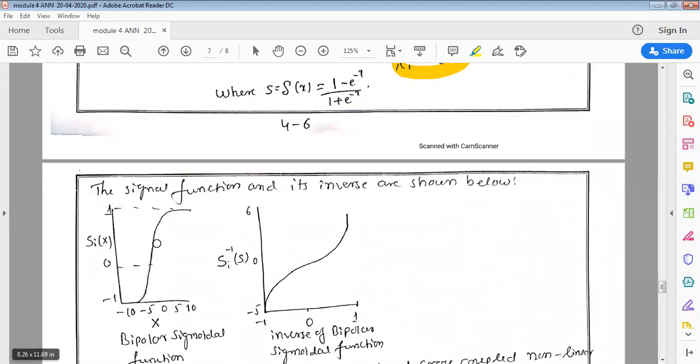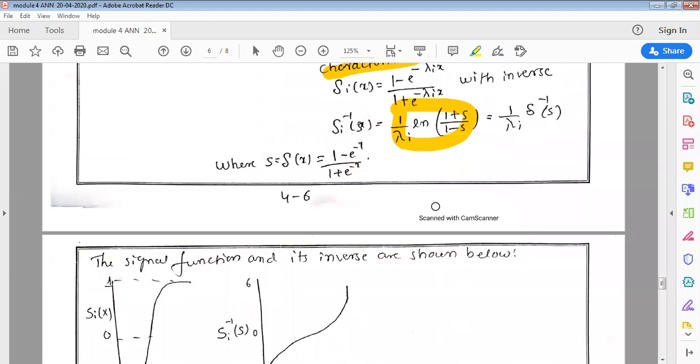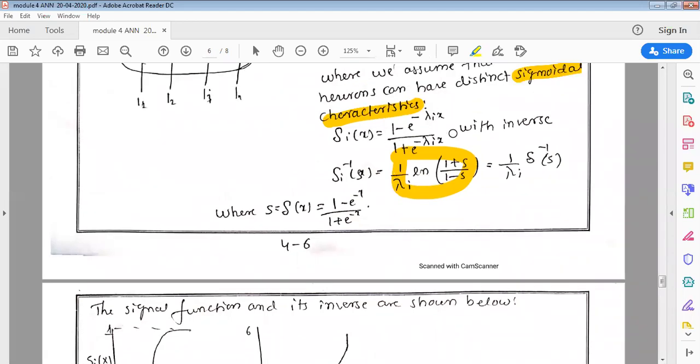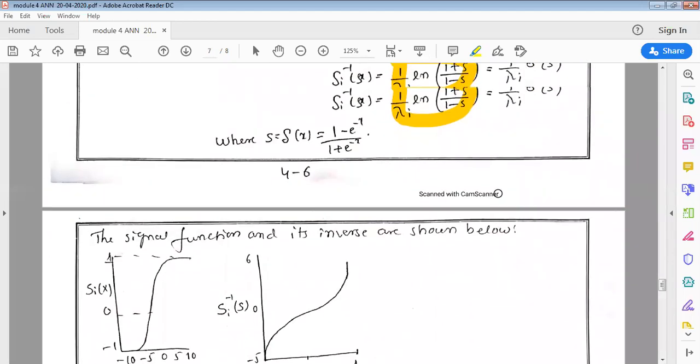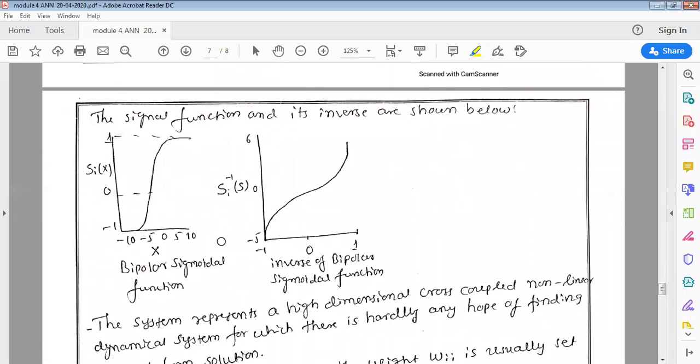So your signal function goes from minus 1 to plus 1, with maximum variation, by varying certain values of x. It is e power minus x. Therefore, if you vary x to a large value, at one point it is going to reach a maximum value. Next, the inverse of the bipolar sigmoidal function.